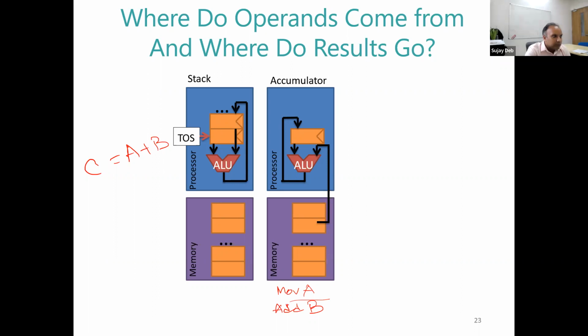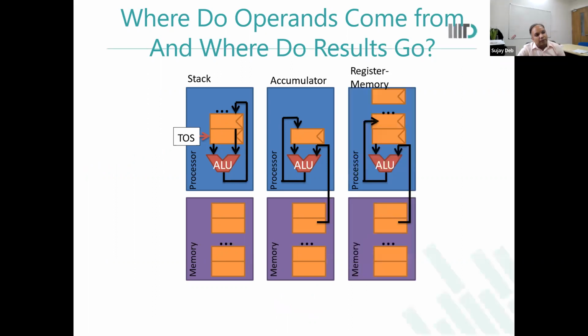We will see that. Similarly, if I have a register memory kind of machine model, in this machine model one of the operands is coming from a register, the other operand is coming from memory, and the result is stored in another register. Now here you can have either 2 or 3 explicitly mentioned operands, depending on whether the result is stored in the same register.